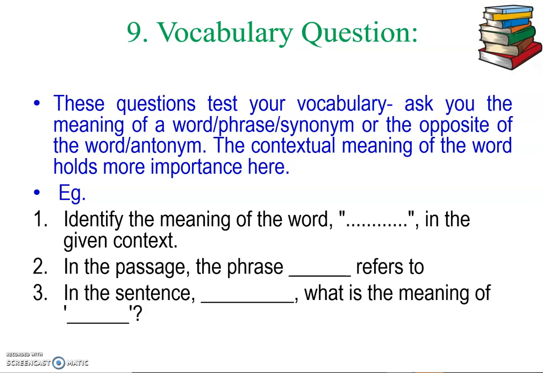You may be asked the meaning of some words in a sentence, like identify the meaning of the word in the given context, or from the passage, what the paraphrase refers to. You may also be asked about idioms and phrases. So by now you have got what vocabulary questions are: either meanings or opposites in simple words, or paraphrases, or idioms.